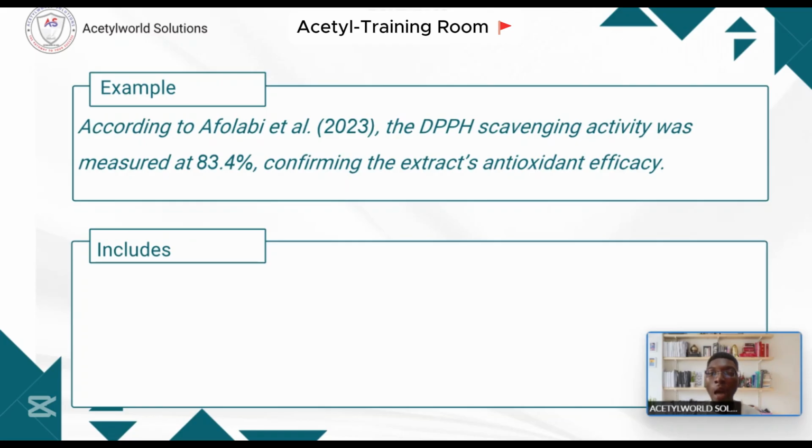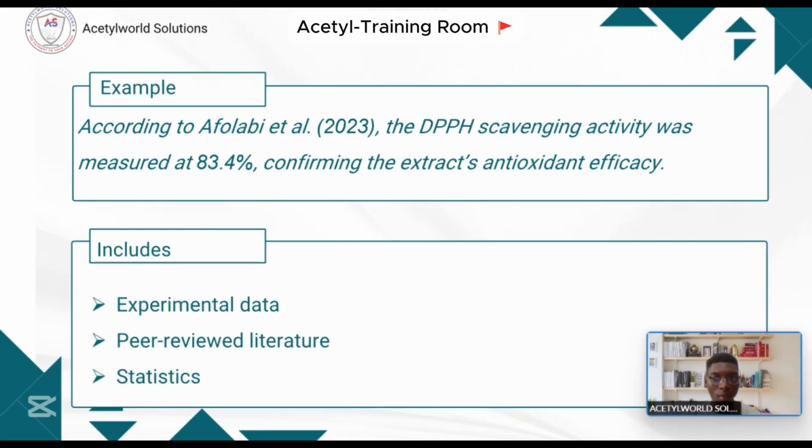According to Afolabi et al. 2023, the DPPH scavenging activity was measured at 83.4%, confirming the extract's antioxidant efficacy. Can you see now? This is a statement with referencing, a statement with evidence. Evidence includes experimental data.